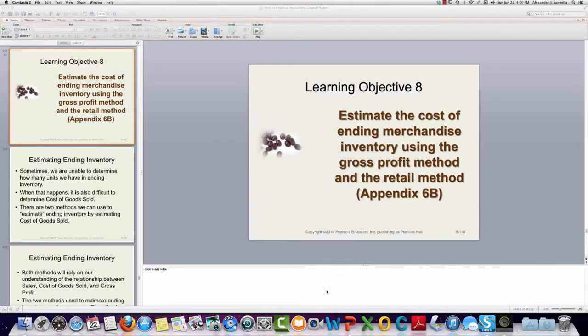And summarizing this, if we go to the whiteboard, we're going to find that, again, the estimation techniques are very similar, so that if we use the gross profit method, our cost percentage is the cost of goods sold percentage, and that is 1 minus the gross profit percentage.